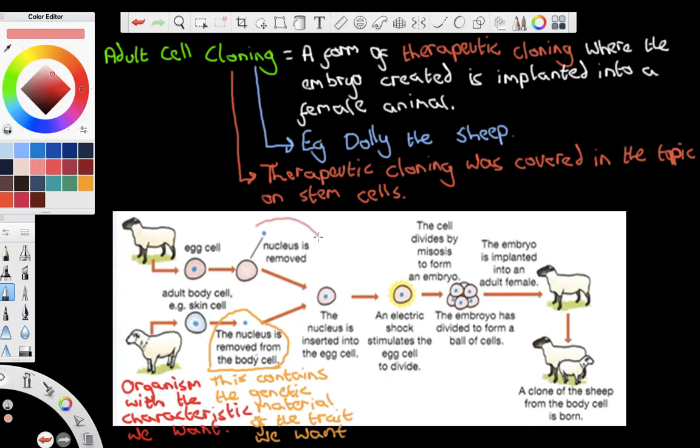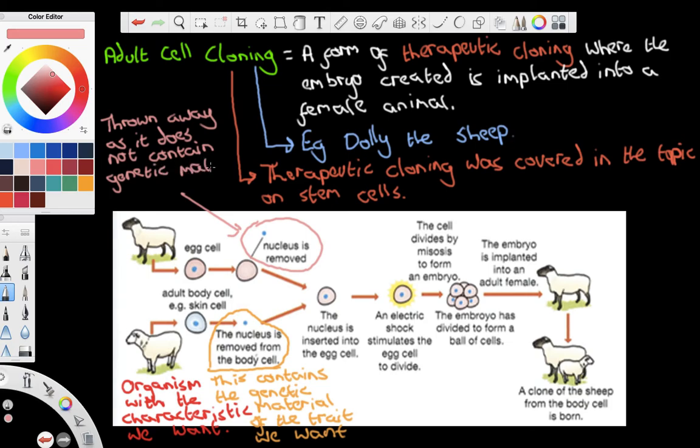So I'm going to circle this one and say that this is thrown away as it does not contain the DNA we want, or the genetic material we want. Now this nucleus is literally thrown in the bin. We don't want it, okay?